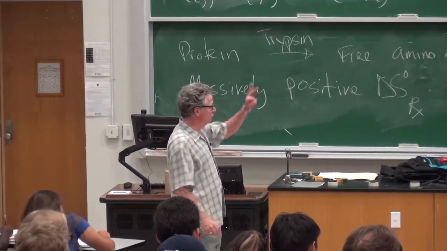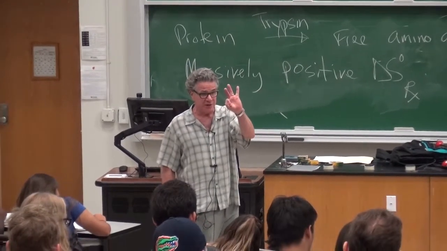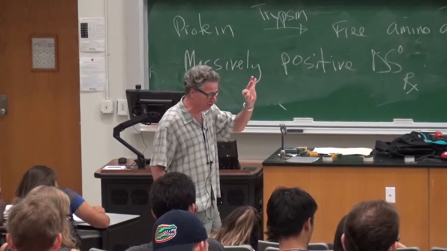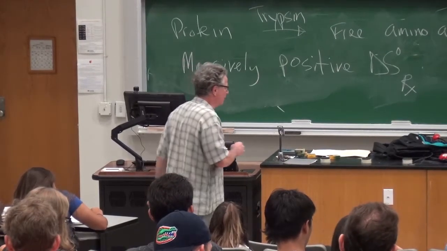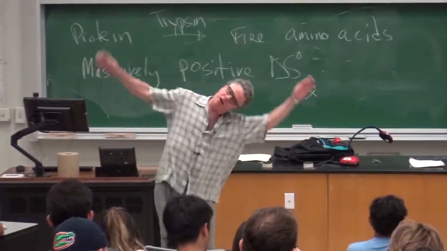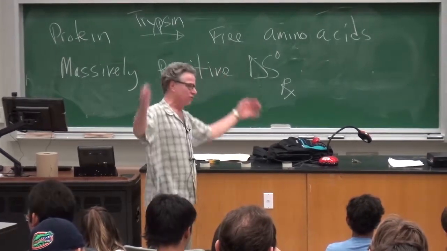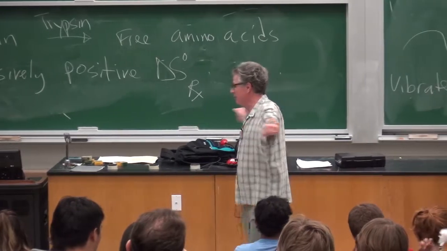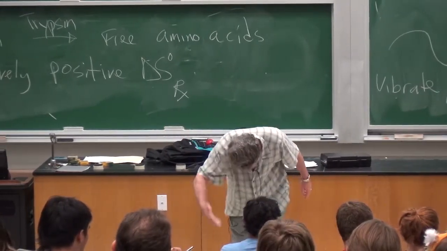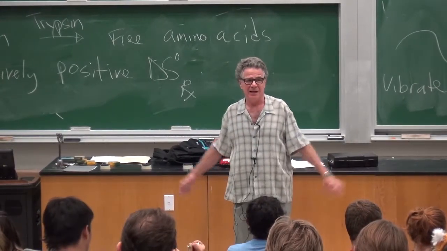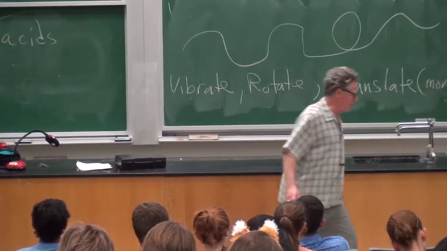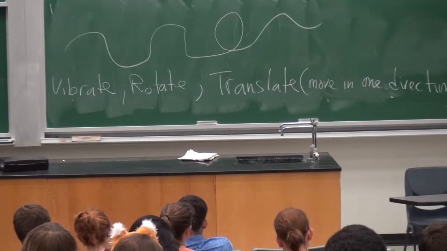So those are your 3 degrees of freedom. Very important. You will be tested on the degrees of freedom. The molecule can vibrate, all that polymer chain wiggle, waggle. It can rotate. The whole thing can do this or this. As we already said, it can translate. So it has 3 degrees of freedom.